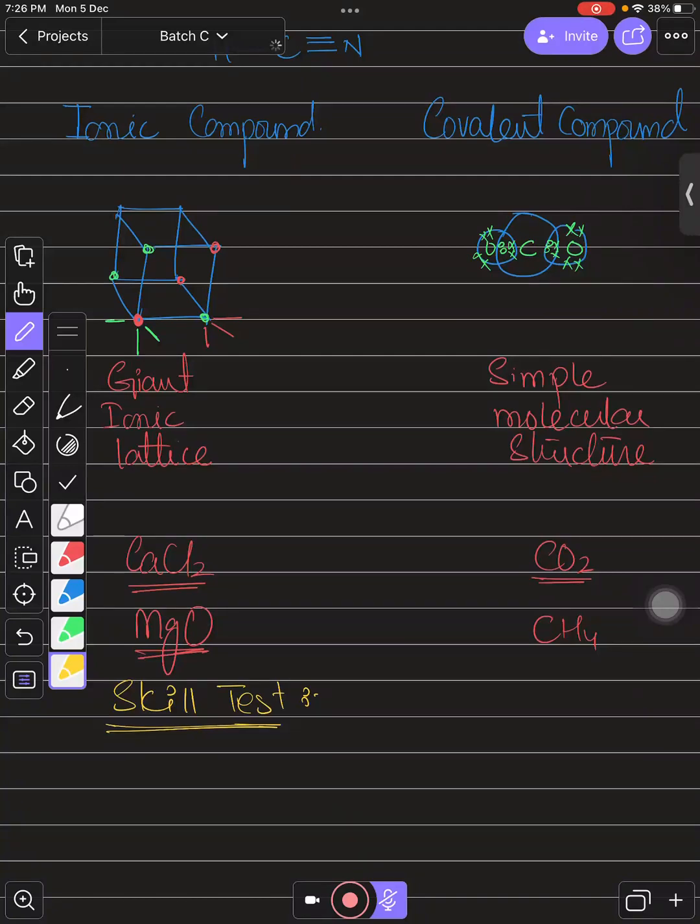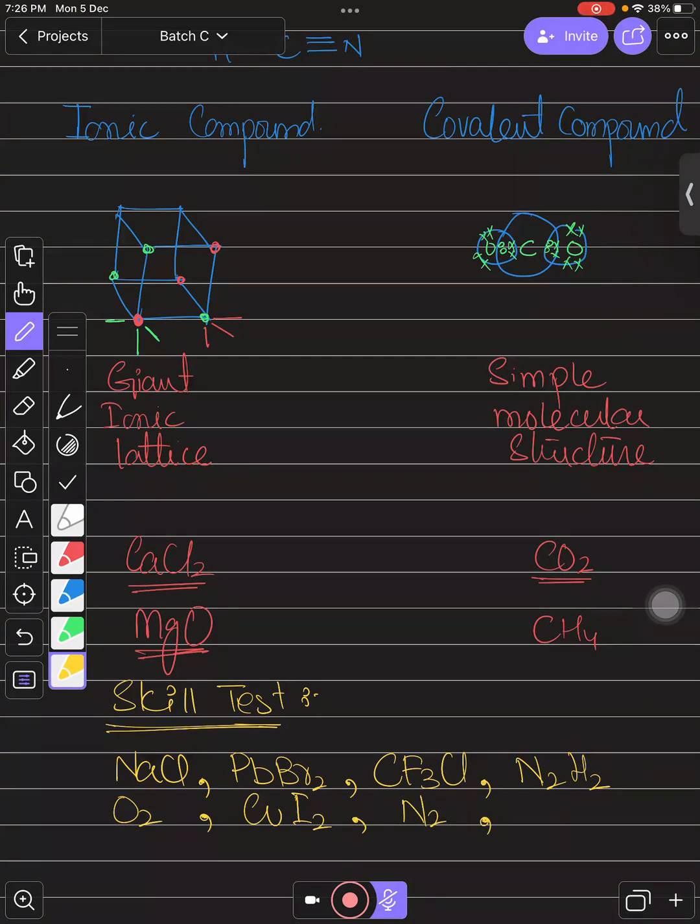Suppose you have NaCl, lead bromide, CF3Cl, N2H2, an oxygen molecule, copper iodide, a nitrogen molecule, and an HCN molecule.